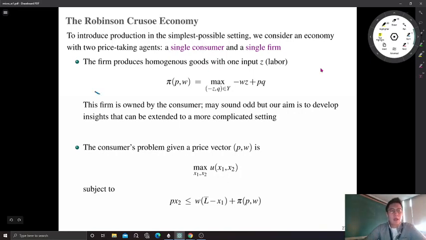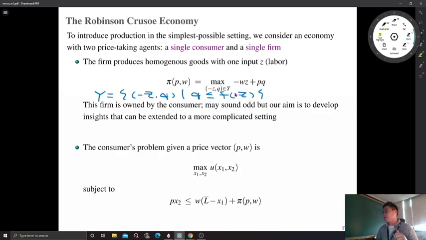In such a case, the production set Y can be written as negative z comma q, such that q is lower than or equal to f of z. Because the production function f indicates the highest possible level of output that can be produced by this firm.